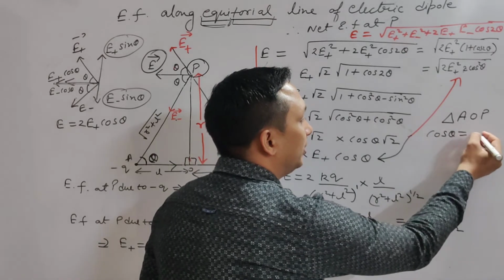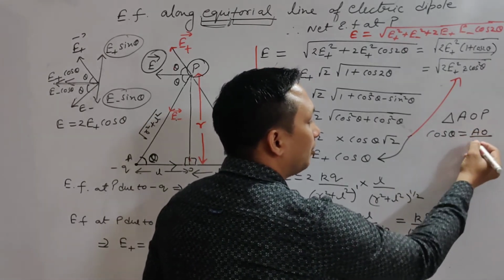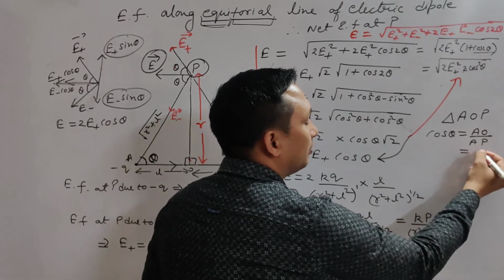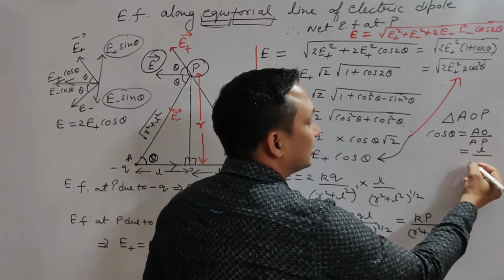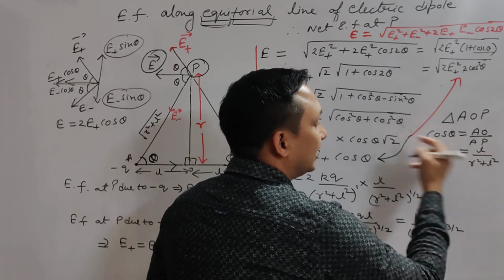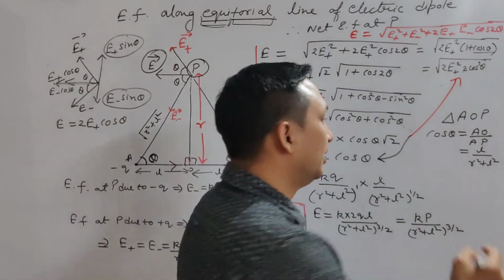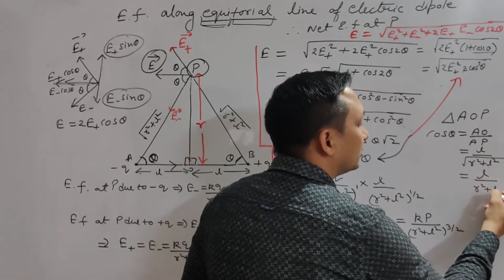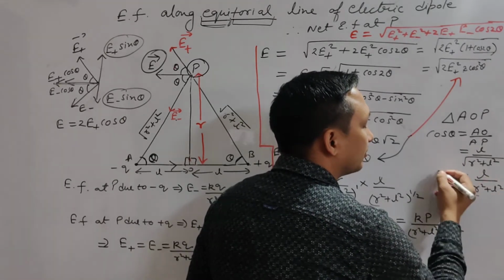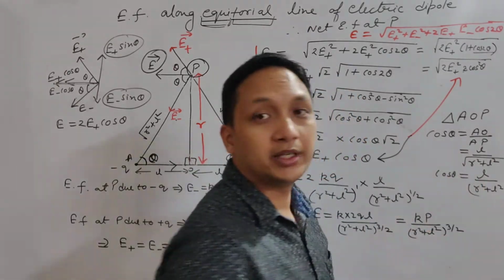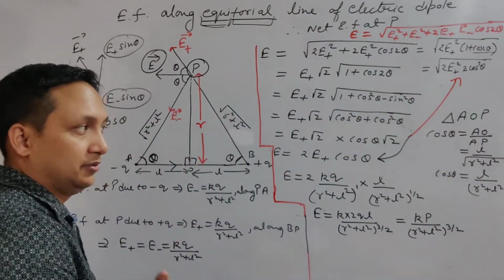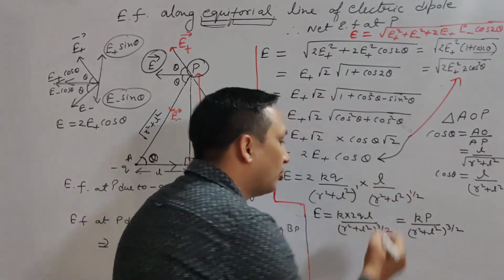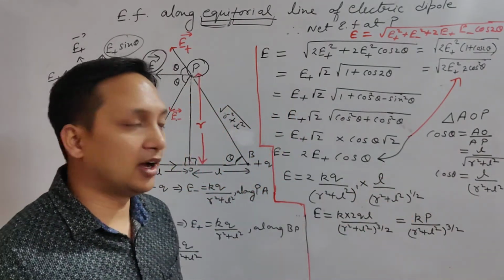Cos theta will be equal to base, that is AO, upon hypotenuse, AP. This is L and this is under root r square plus L square. Under root r square plus L square can be written as r square plus L square to the power half. Yes, we can write. So cos theta becomes L upon r square plus L square to the power half.